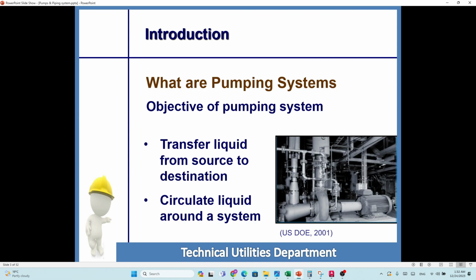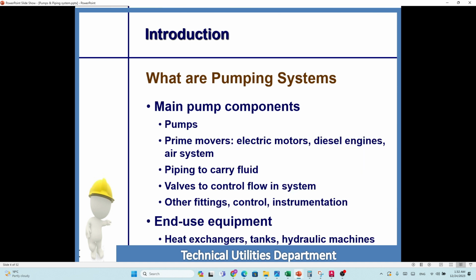Okay, so in most of the processes we have pumps, centrifugal pumps. 80-90% of the pumps in the whole industries, for commercial and domestic use, are centrifugal pumps, and centrifugal pumps are dynamic machines that have a main component, the pump itself, and its prime mover, which runs these pumps, such as electric motors, diesel engines, or any air system.